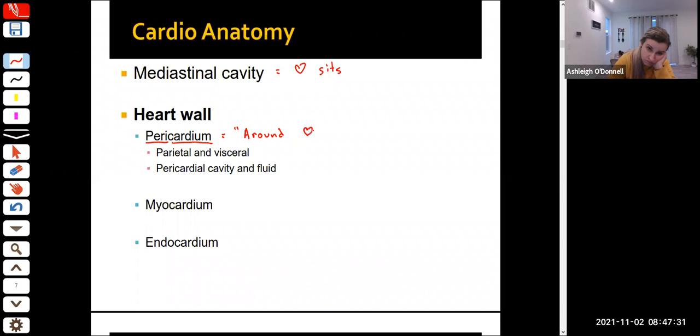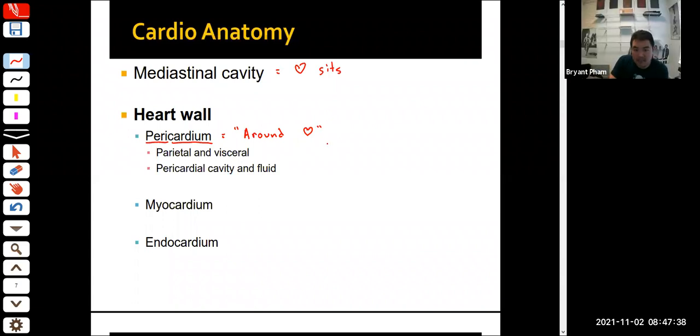So this is around the heart. So the pericardium is basically just a fibrous sac that prevents overfilling of the heart. I'm not really concerned with the two subpoints there.